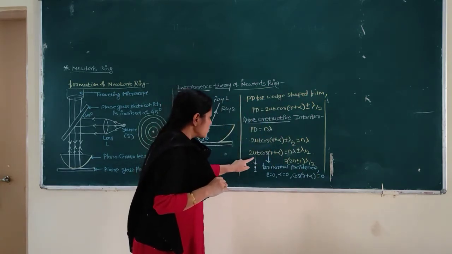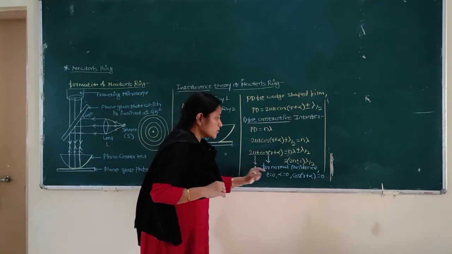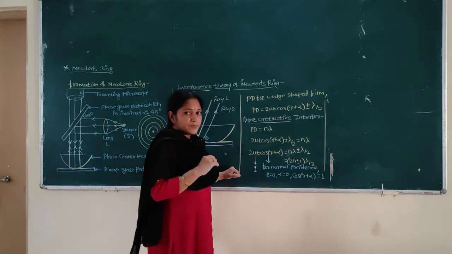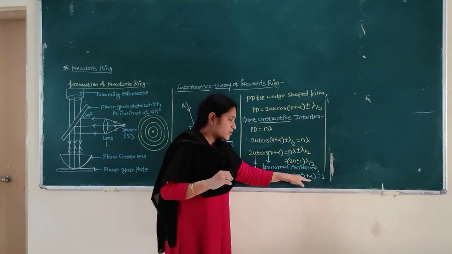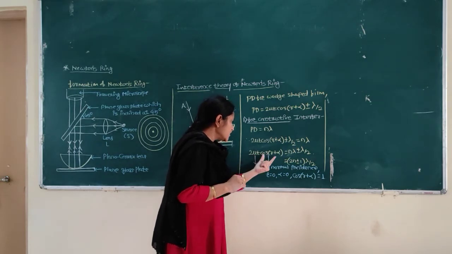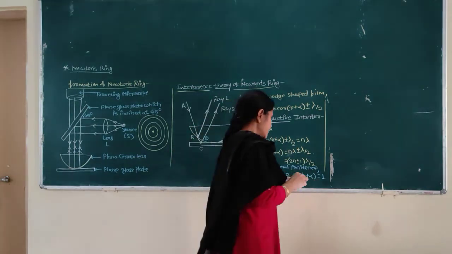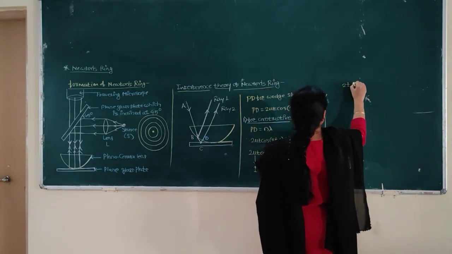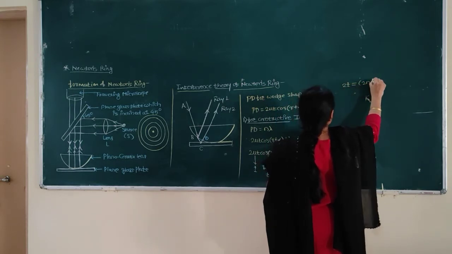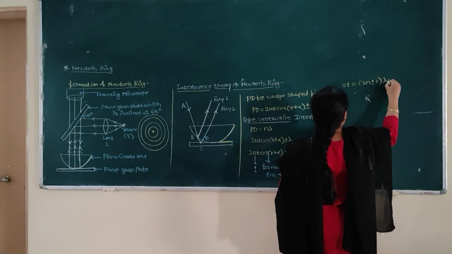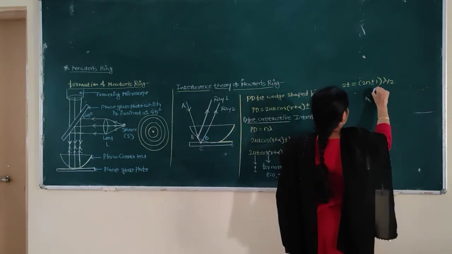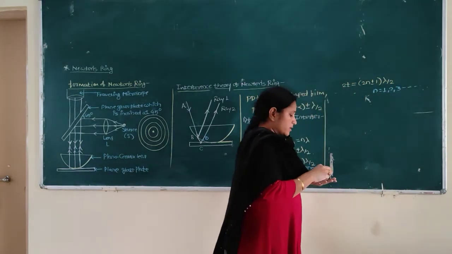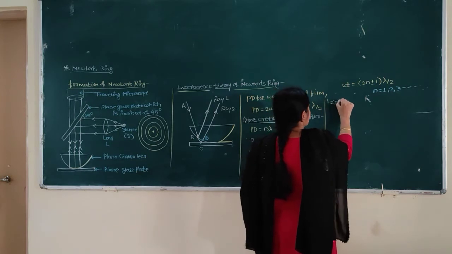So by putting mu equal to 1 and this term equal to 1, we get the final equation: 2t is equal to (2n plus minus 1) into lambda by 2. Here n is equal to 1, 2, 3 and so on. Now second one, for destructive interference.